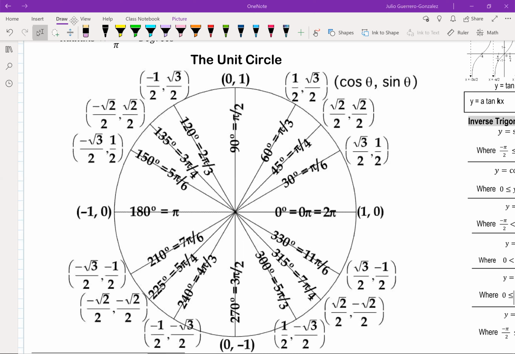Ya, ya está pagado, ¿verdad? Sí, ok. Gracias.